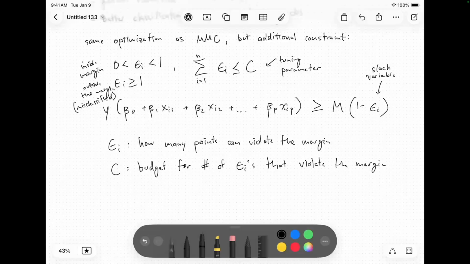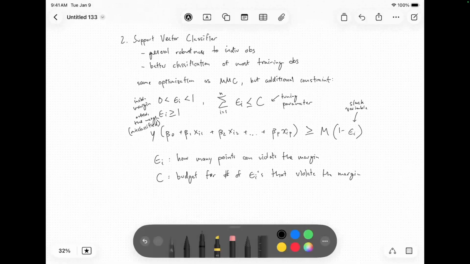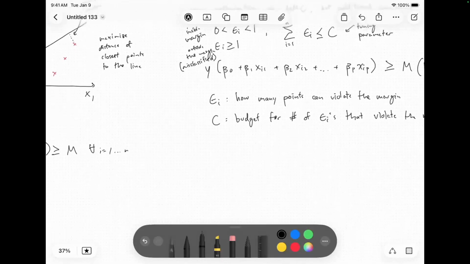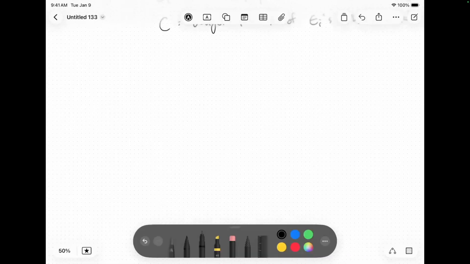Cross-validation, yes, thank you. We're back to that. And at C equals 0, this is the exact same thing as a maximum marginal classifier. Any questions? And we're gonna do examples of these in R kind of all together. So that is number 2.